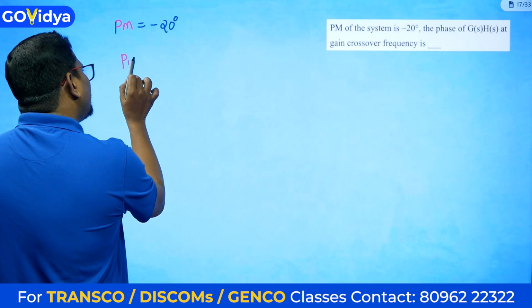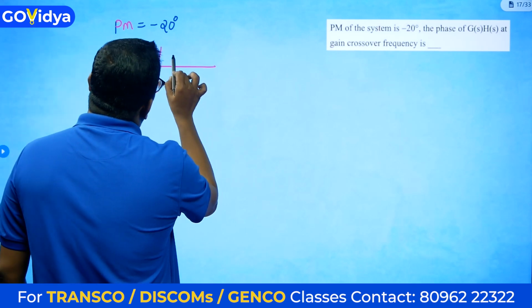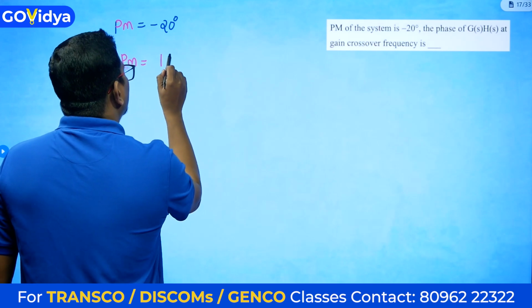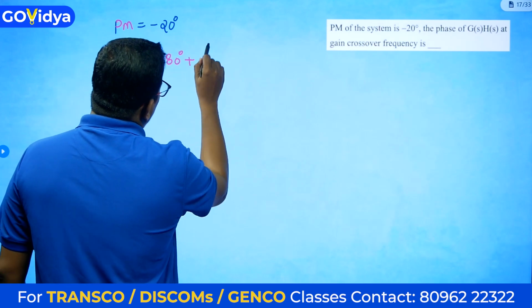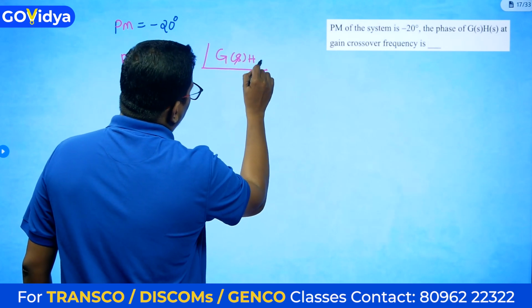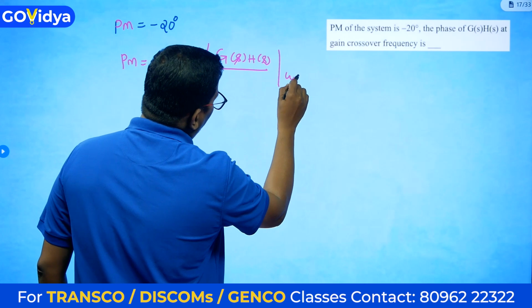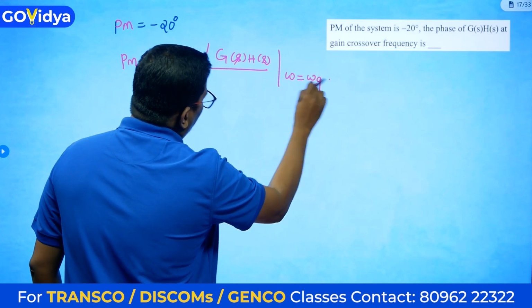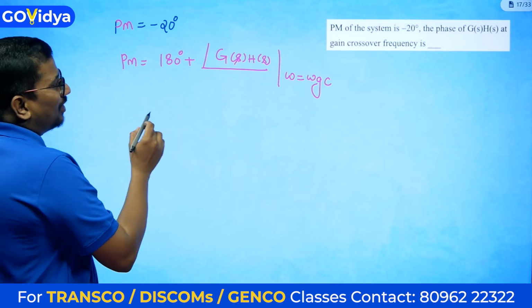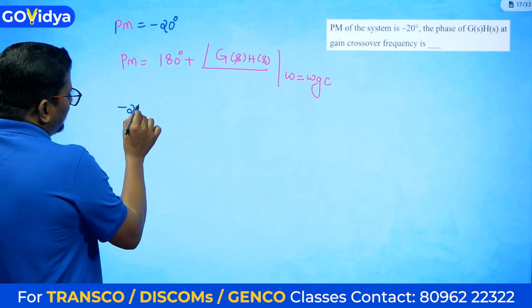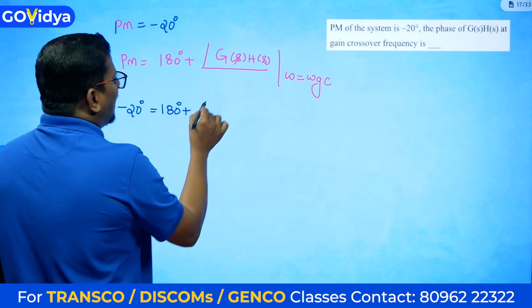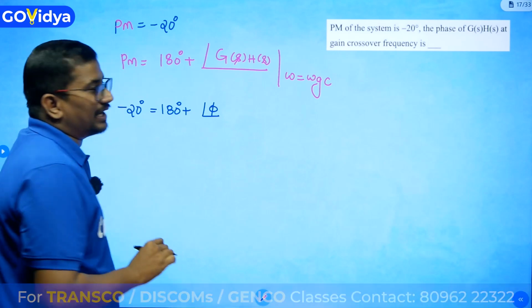We know the formula for phase margin: 180 degrees plus the angle of G(s)H(s) at omega equal to omega GC. Already we have the phase margin of minus 20 degrees, and for 180 degrees plus angle G(s)H(s), let me simply write phi.